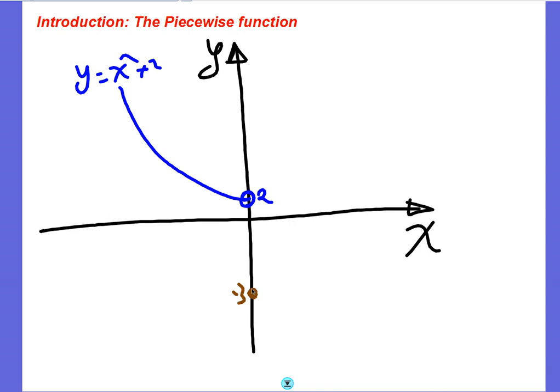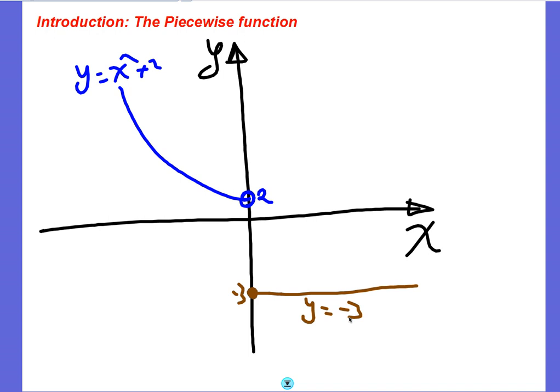So I have a dot here, meaning that the function when x is equal to 0 is negative 3. And then let it continue like that. y equals negative 3 on the right side.